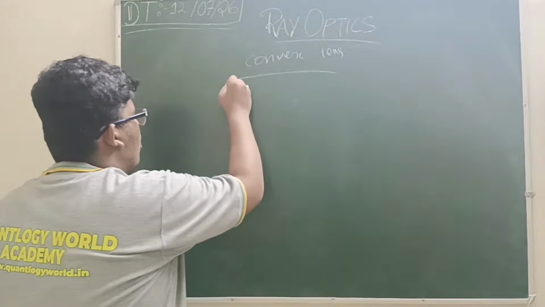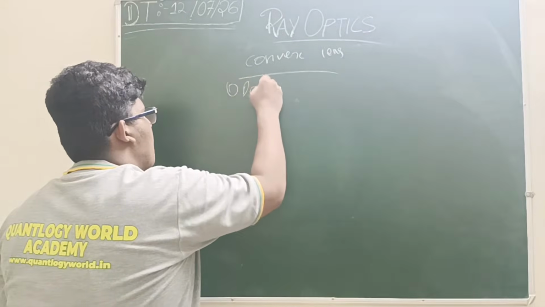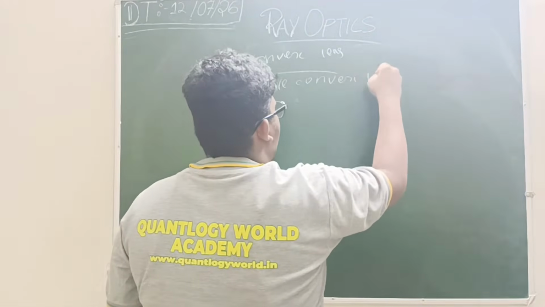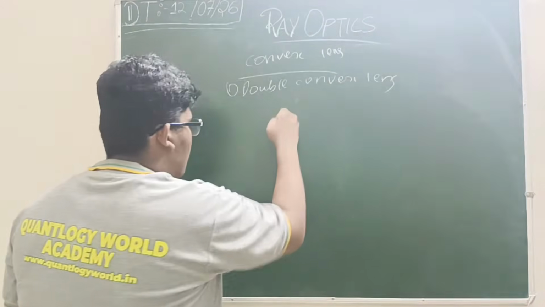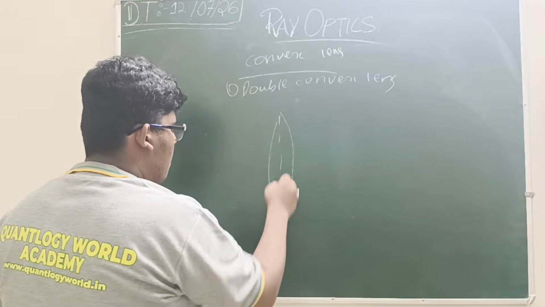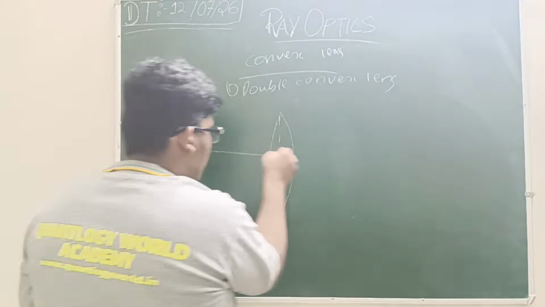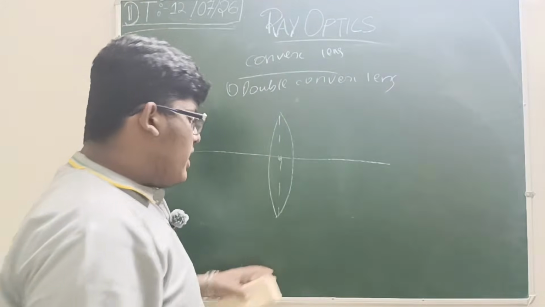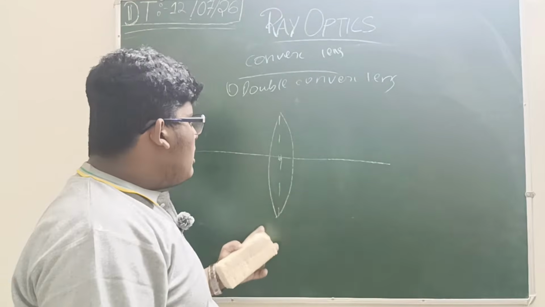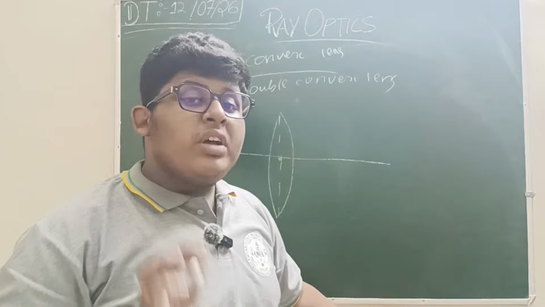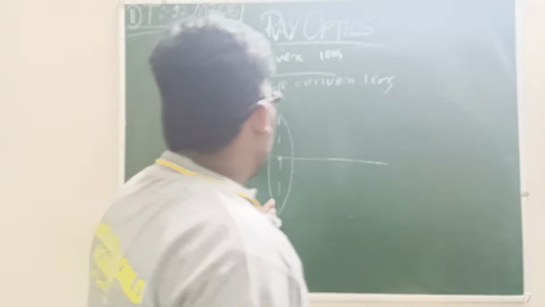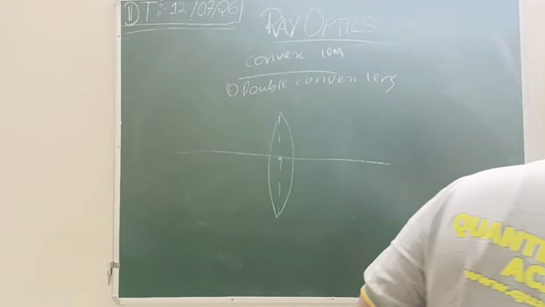First is double convex lens. This is the first diagram I have made. This is only the example of double convex lens, in which the lens uses two convex lenses to form. Next one is plano convex lens.